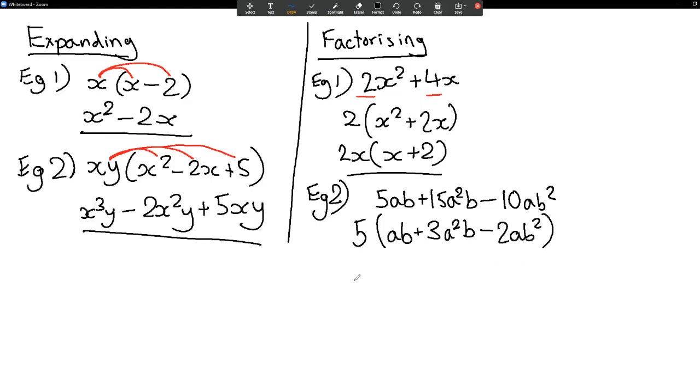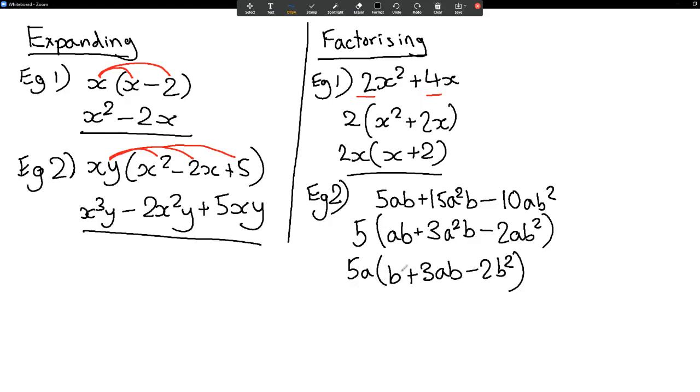Another thing we can take out is a, because we have a here and a here, and we have a squared, which is also a multiple of a. So we can also take a out, like so. Obviously, if you get more confident, you don't have to do it step by step like I'm doing it, you can do it all at once.